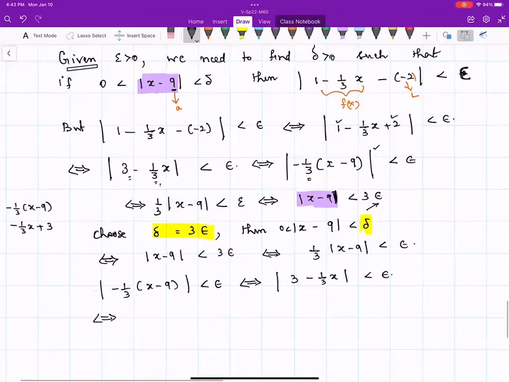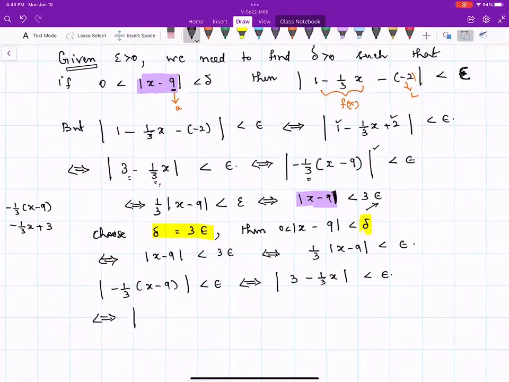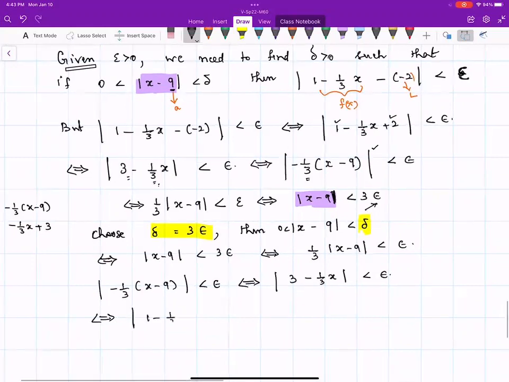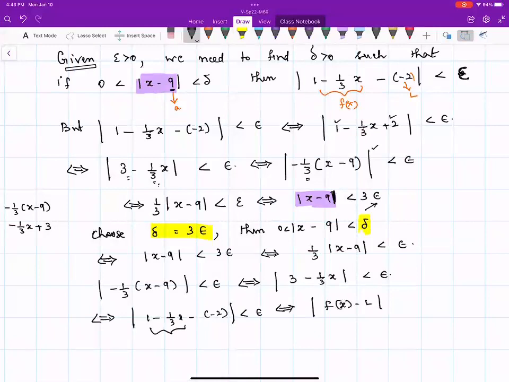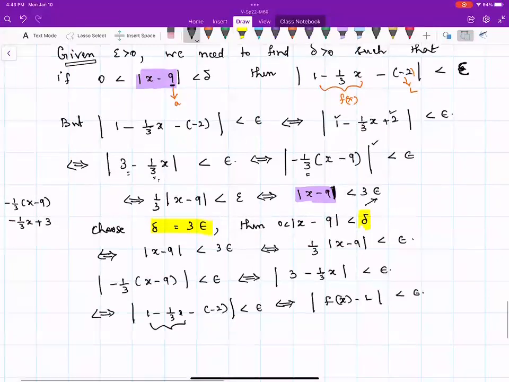We are retracing the steps, which can be written as 1 minus 1/3 x minus of minus 2 less than epsilon. This implies and is implied by f of x minus L less than epsilon.